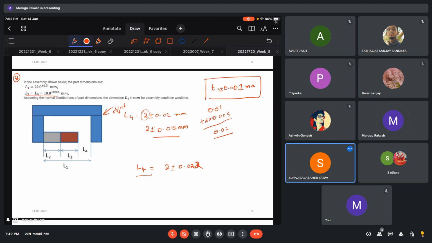Is there any trick to trap us? No, that is the trick. In bilateral, we just add everything, all the tolerances.